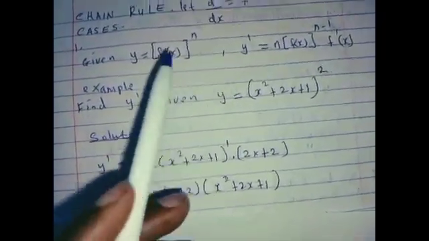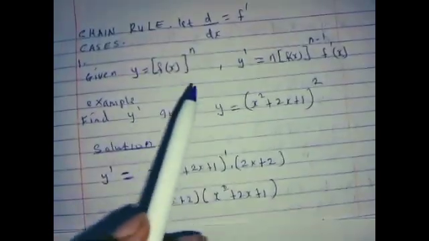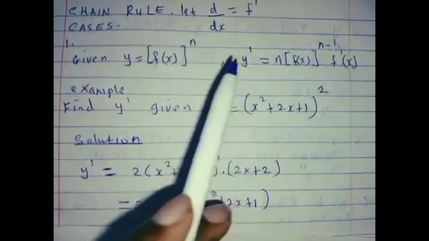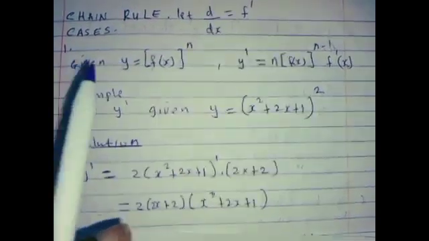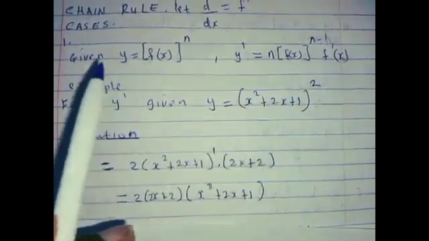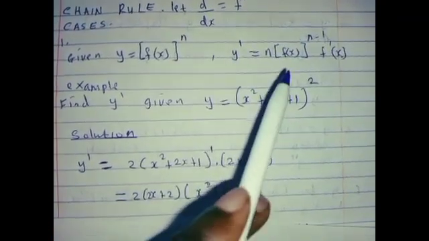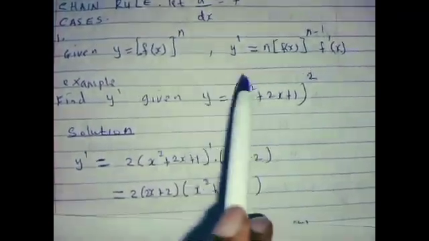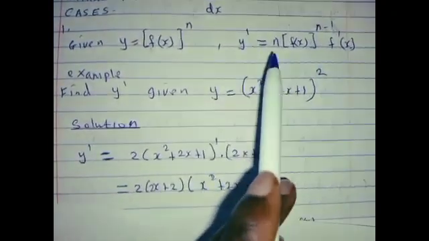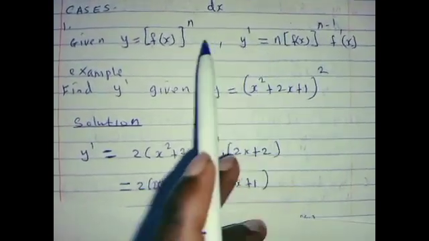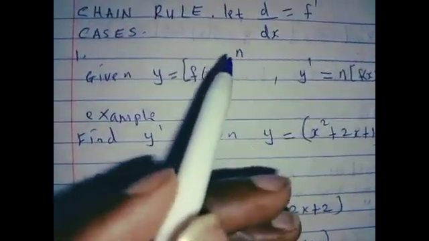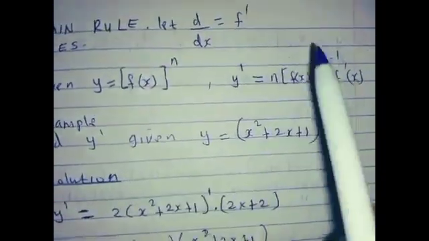Applying two rules, the power rule and the chain rule, to this function, when we differentiate with respect to x, using the power rule, this n comes in front of the function. Then we reduce n by 1, so you have n minus 1.